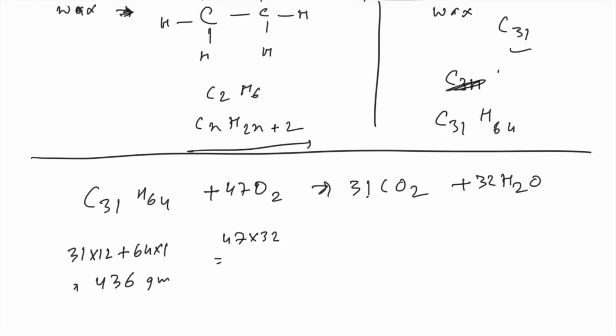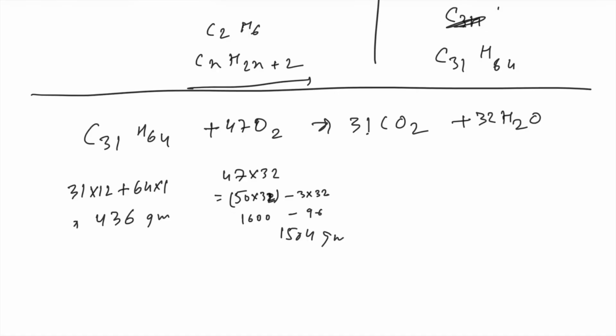So 50 into 30 would be 1500, minus 3 into 32, roughly around 50. So we'll multiply like this: 15 into 30, right? Or let's take 32 minus 3 into 32, which will come around 1504.